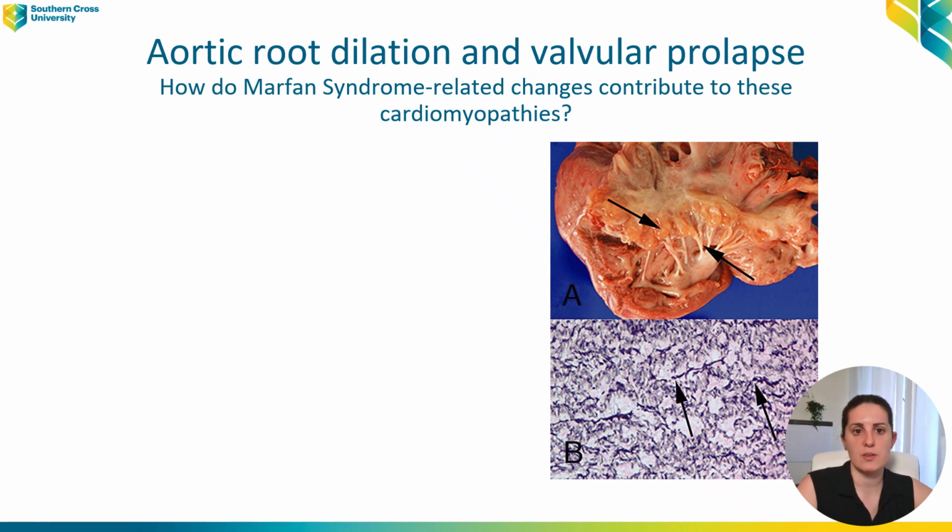The weakened aortic wall in Marfan syndrome is susceptible to cystic medial necrosis, which is where the tunica media degenerates and weakens the entire aorta, making it really prone to dilation, and can lead to the risk of aneurysms.